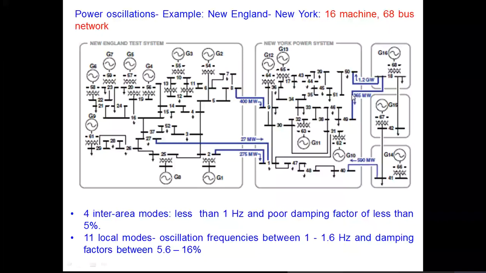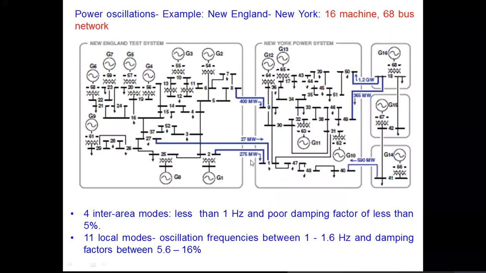And then we have some more interconnections between the areas, New England and New York. In fact, the New England and New York networks are interconnected by these three tie lines. So we have altogether three tie lines, and for a given operating point, this is the amount of the power flow and the direction of the power flow, which is indicated here.